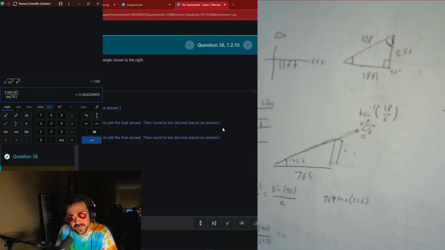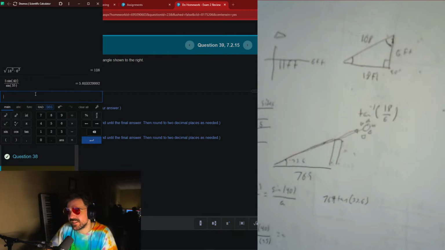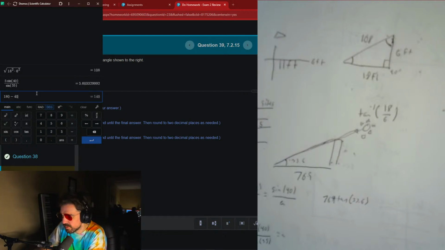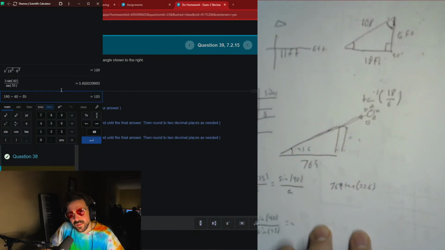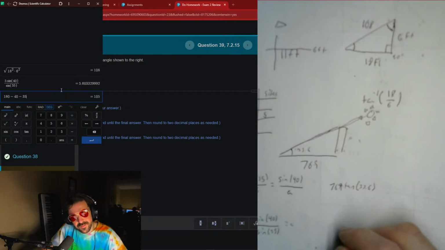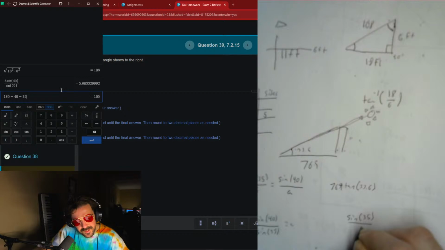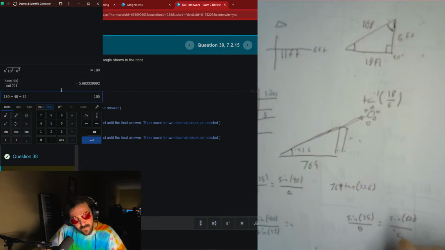How are we solving for C again? Oh yeah, we do 180 minus 40 minus 35. 105 degrees is angle C. So that gives us sine 35 over 5 is equal to sine 105 over C. Good.